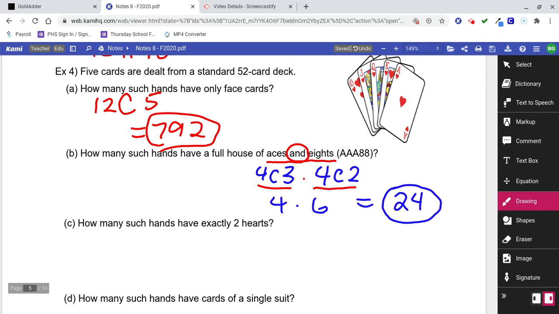How many such hands, meaning 5 cards, have exactly 2 hearts? Okay. People who are good at this are going to break this down and figure out what this means. Okay. Exactly 2 hearts has an implication.